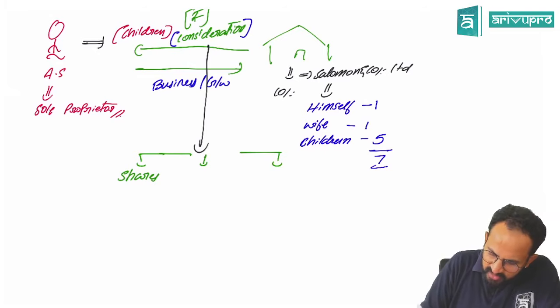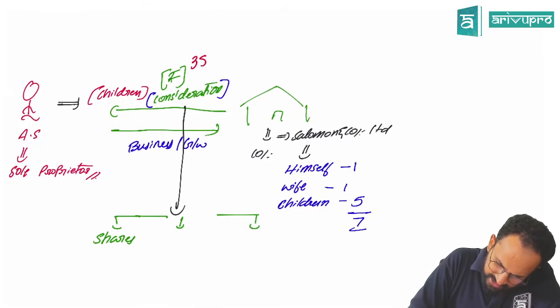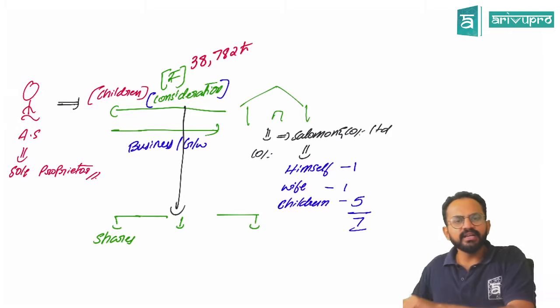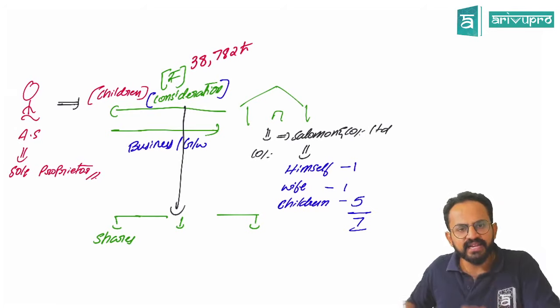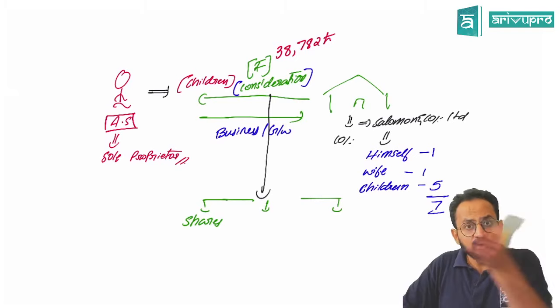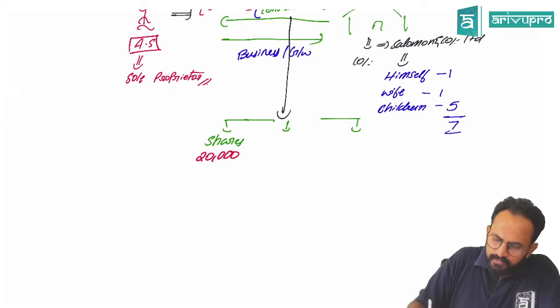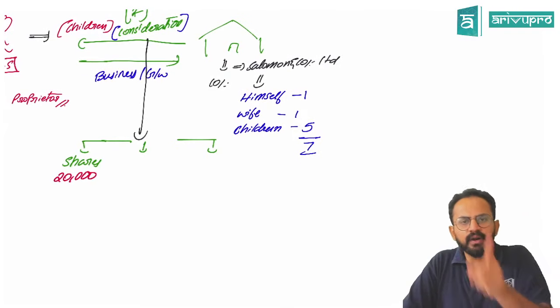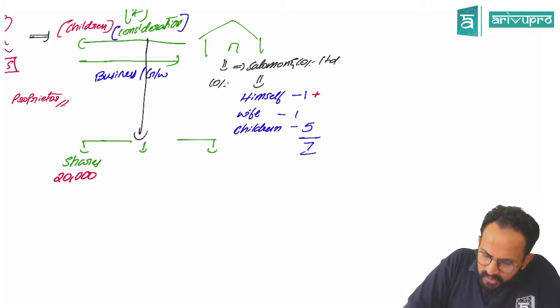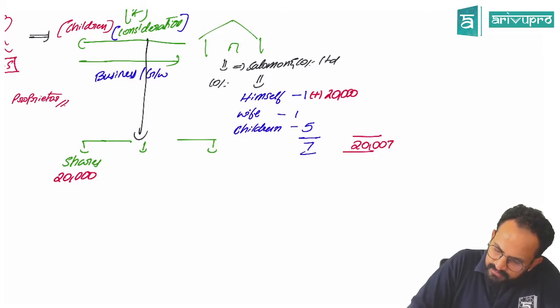In total, the Salomon company gave 38,782 pounds to Aaron Salomon. And how was it given for this transaction? Sir, 20,000 shares were given to him. When he opened the company, he got 1 share, plus 20,000 shares he got now. So in total, the company had 20,007 shares.